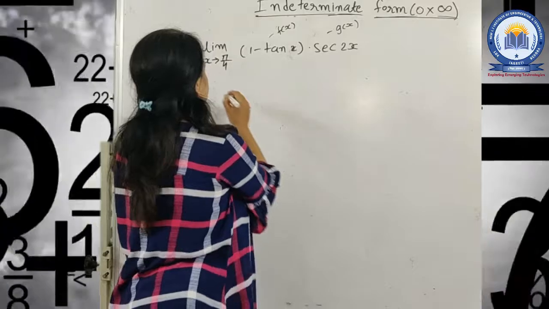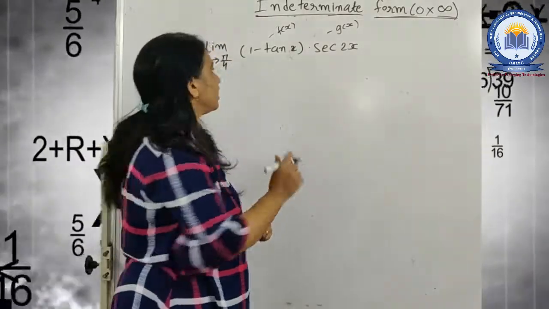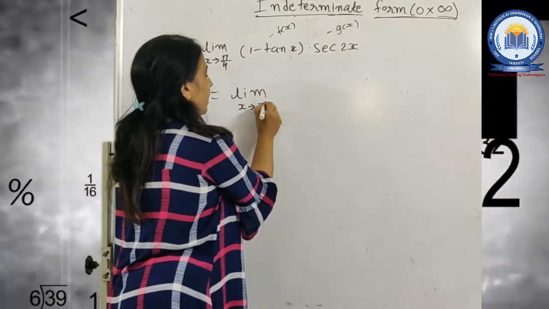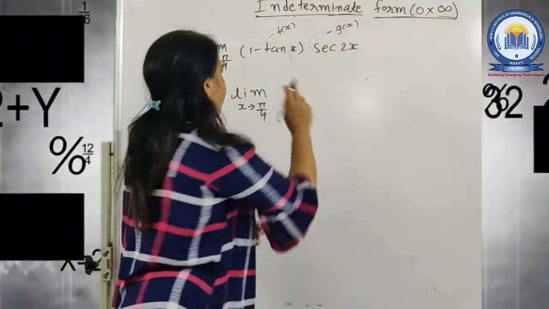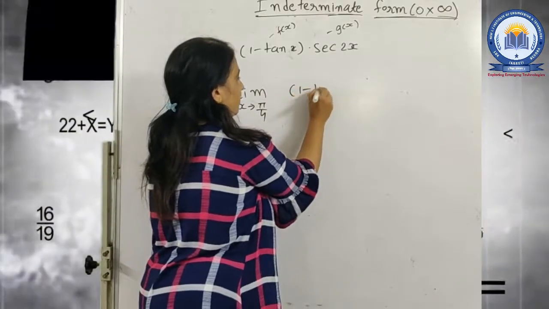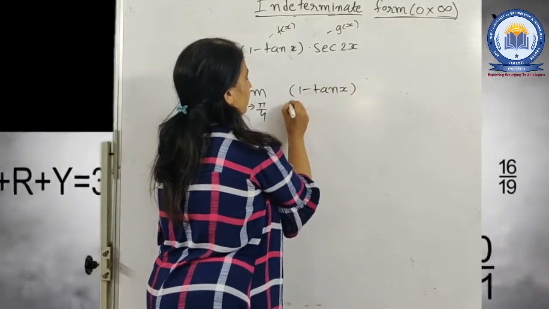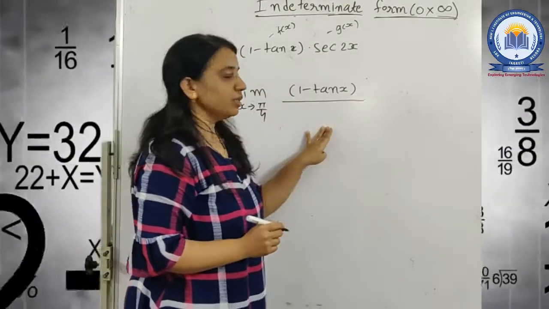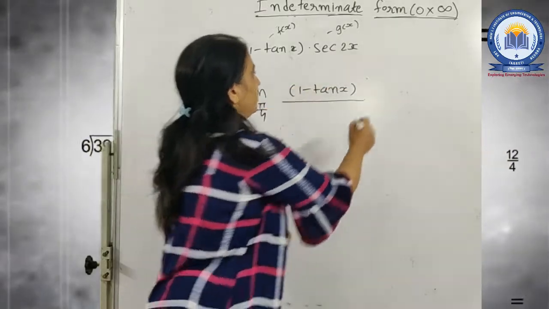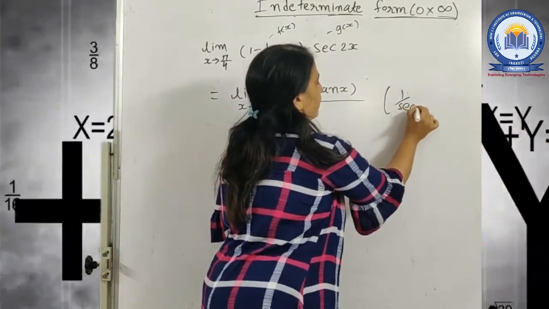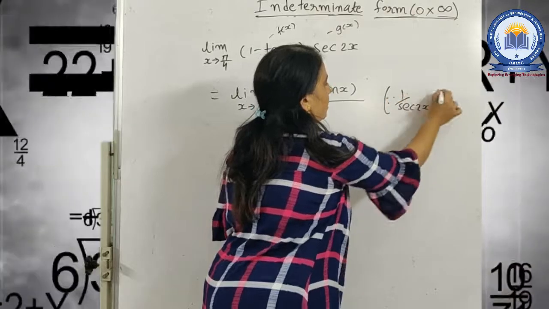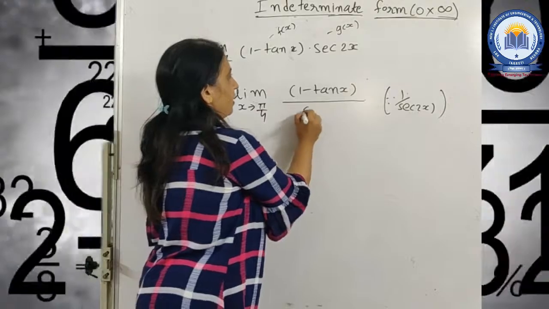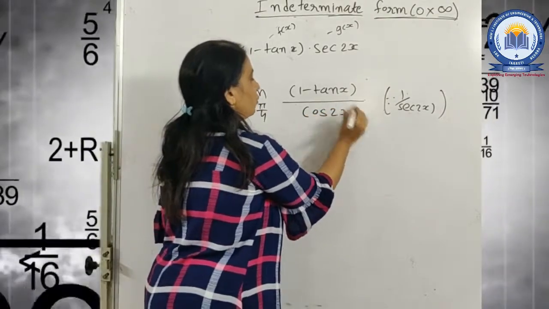We'll try to convert it into a form of 0 by 0 by rewriting it: limit x tends to pi by 4, f(x) as it is, that is 1 minus tan x, now upon g(x). So here we are writing 1 upon g(x), right? 1 upon sec 2x, so that will become cos 2x. So directly we are writing cos 2x.